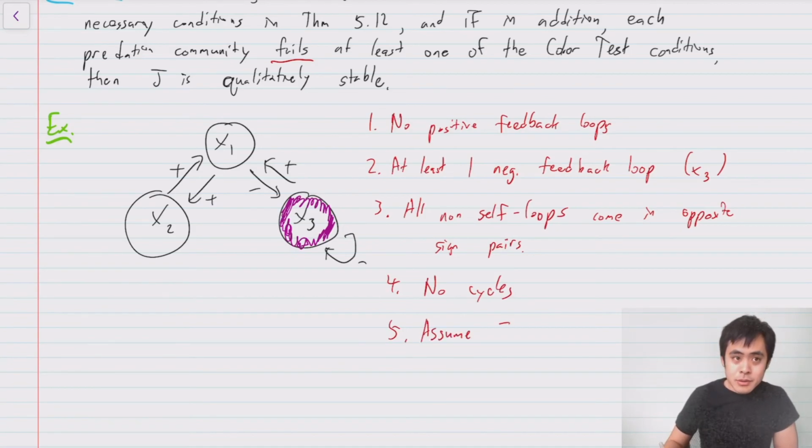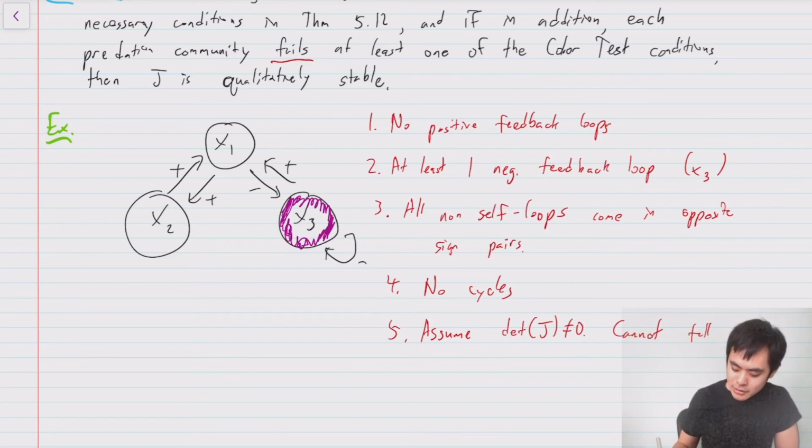assume determinant of J is not equal to 0. Cannot tell from graph, or may not be able to tell from graph. Sometimes you can, but often cannot tell from graph.